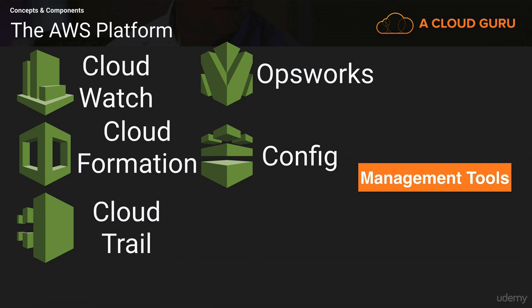Config is a way, basically it automatically monitors your environment and gives you warnings when your environment might break specific configurations that you set. It's basically a way of auditing your environment, but unlike CloudTrail, which basically just does audits, with Config you can set alerts.